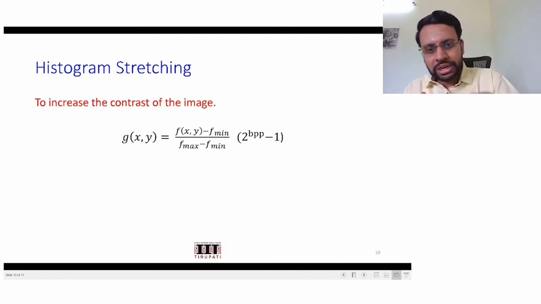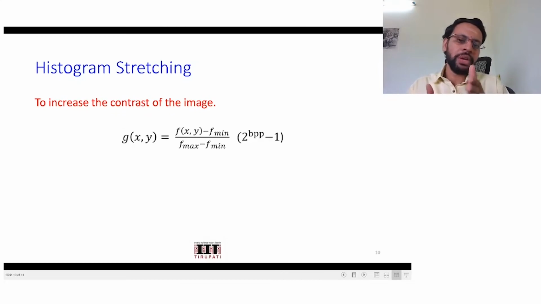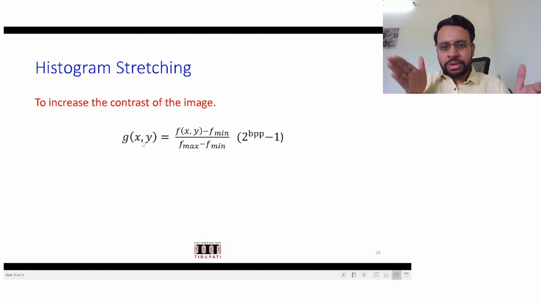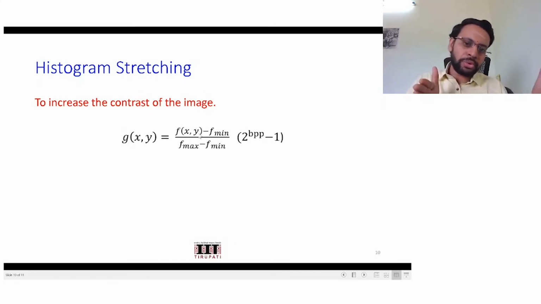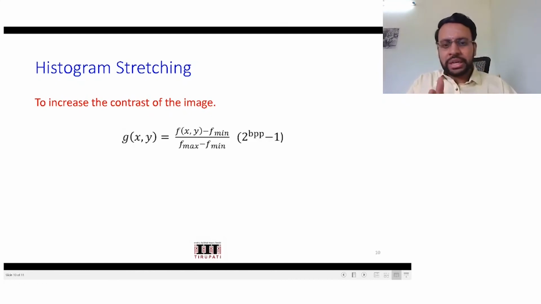You are essentially multiplying it with 255. When this is 0, g of xy, the transformed image, will be 0. When this is 1, which is the case when f of xy equals fmax, that would now get mapped to 255, and the intensities in between fmin and fmax will be proportionately moved.